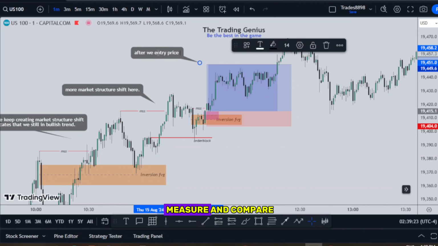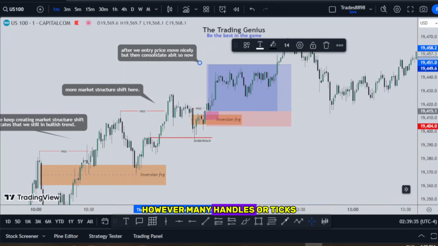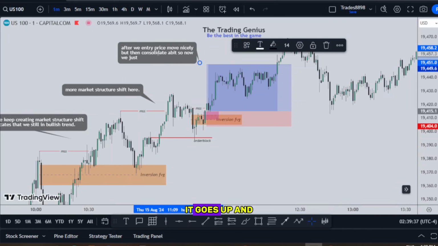And if you can measure and compare the relationships on a cumulative line basis, it's a very simple process. If the gap's higher at the open, however many handles or ticks it goes up and opens up from the previous settlement price, that's how much your indicator value adds to the cumulative line.